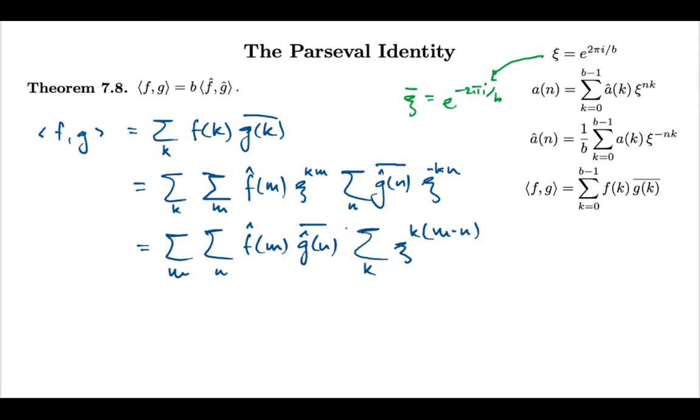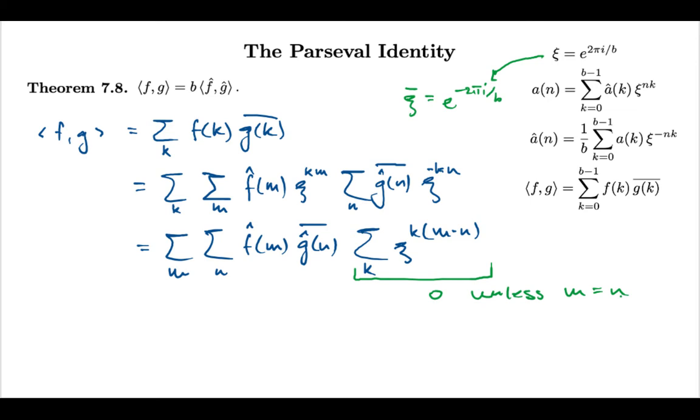This inner sum over here is 0 unless m is equal to n. As always, you really have to say m is congruent to n mod b, but because my sums over m and n are all from 0 to b minus 1, what I get here is equality between m and n.